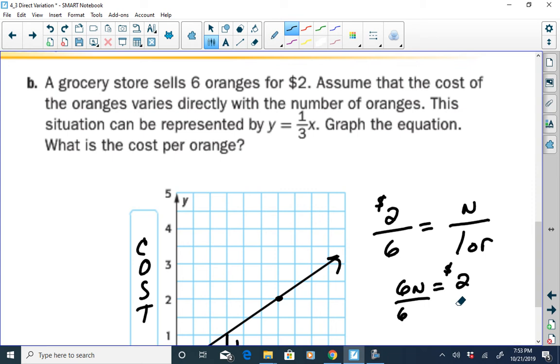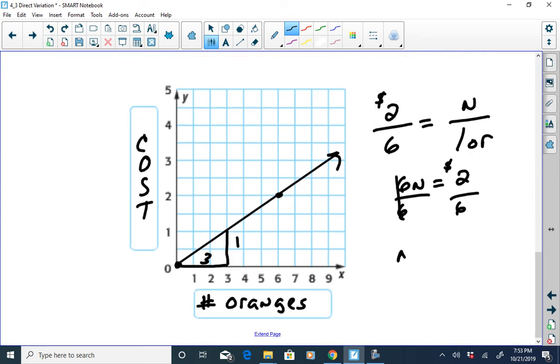Divide both sides by 6, and we wind up with n equal to $2 divided by 6. And $2 divided by 6, or 2 over 6, is the same as 1/3. So the cost, n, is equal to 1/3 of $1. Well, what is 1/3 of $1? So n is going to be equal to 33 cents for every 1 orange.